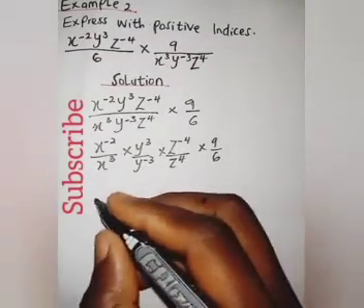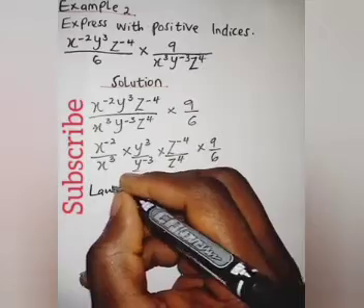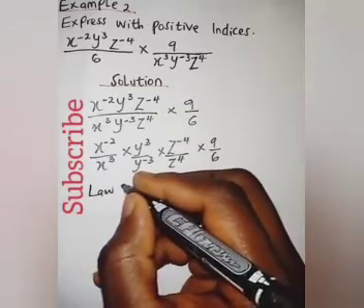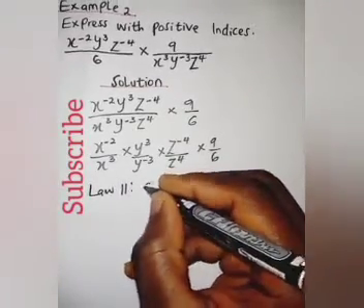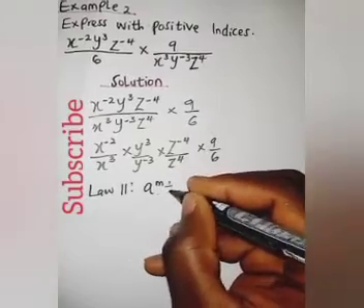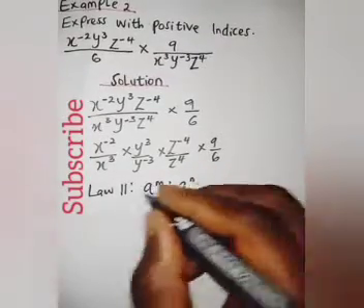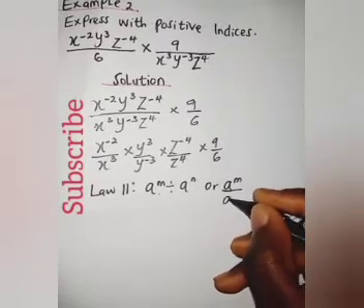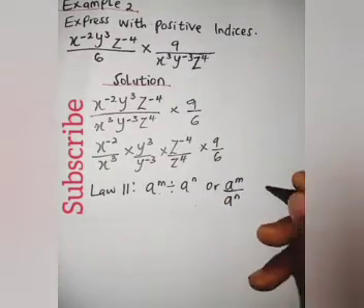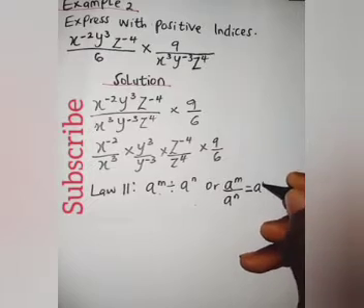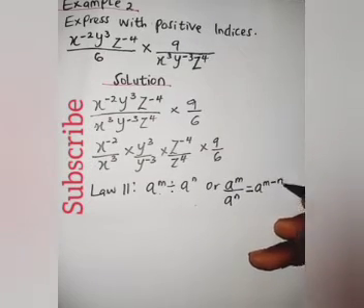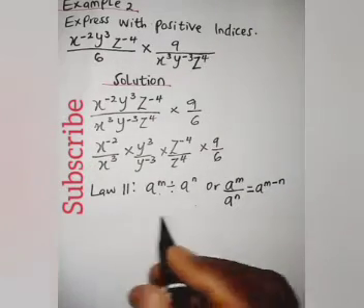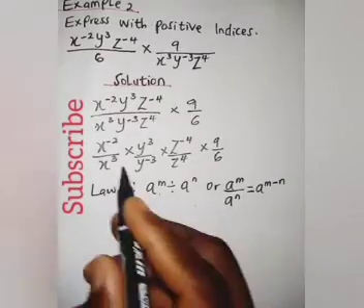Then there was a law I gave, law 2: a to the power of m divided by a to the power of n, in this form or this form, means the same thing. They both mean a to the power of m minus n. Comparing that, the one we have here is of this form.